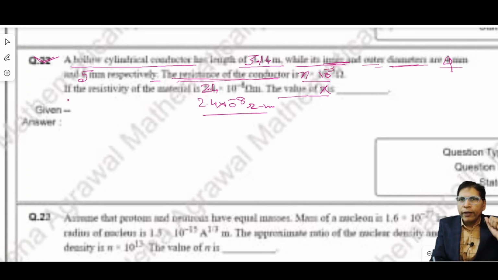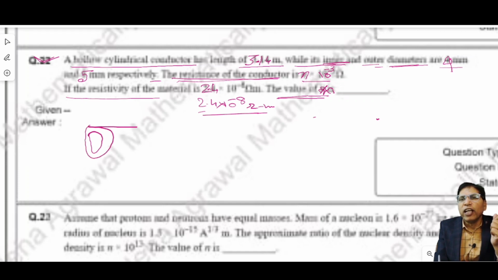If the resistivity is 2.4 into 10 to the power minus 8 ohm meter, then find the value of N. Look at this, this is the hollow conductor. This is the inner radius and this is the outer radius.